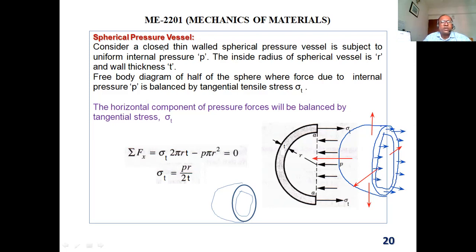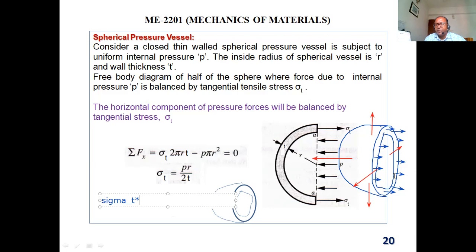So the force working toward the right side, how can we figure it out? Area times pressure, right? Or area times stress. So on the right side, stress sigma t is working. Now you have to multiply by the area. Which area will we take? You have to take this area, this thickness and round.